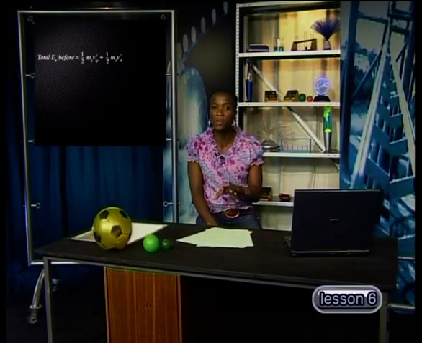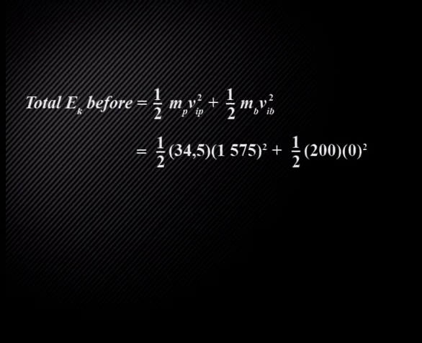Substituting in the information we know, we have a half times 34.5 times 1,575 squared plus a half times 200 times 0 squared. So the total kinetic energy before is equal to 4.28 times 10 to the power of 7 joule.